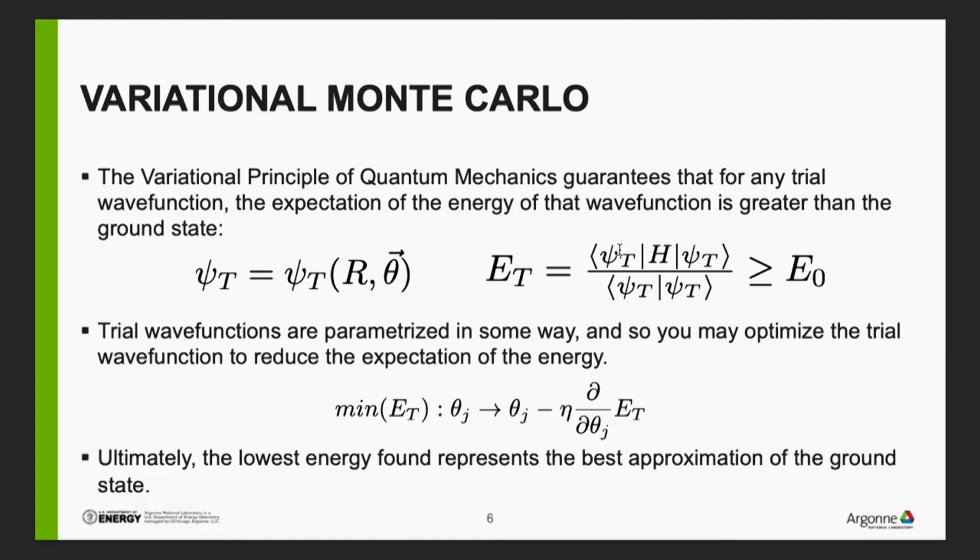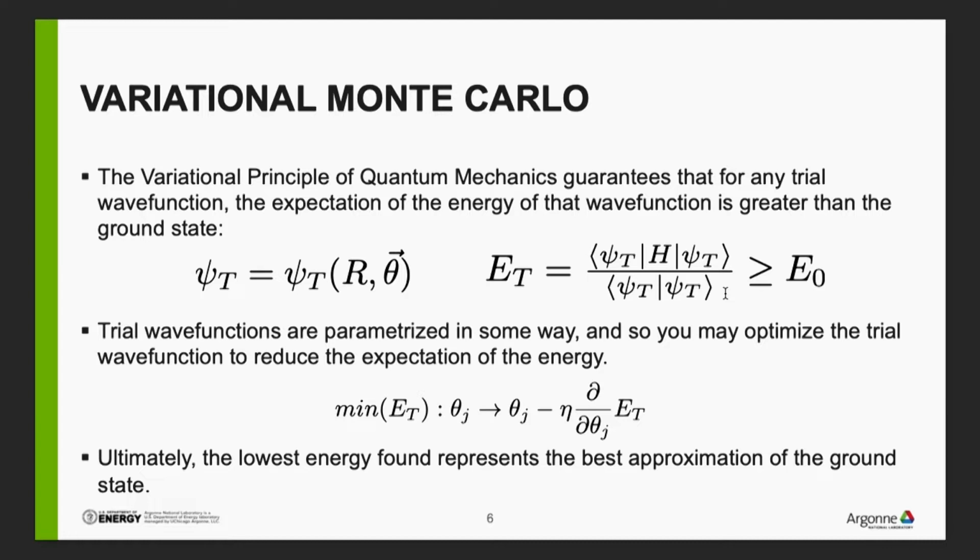It's basically a way to take that operator H, apply it to your function, normalize it with this denominator, which is just telling you what's the total strength of your trial function. And whatever value you get out, you can prove mathematically in quantum mechanics that it is higher than the ground state energy of the system. And the ground state energy of the system is the lowest state. So if you have a hydrogen atom, the electron's in its lowest orbital, that's the ground state. If it gets excited, gets bumped by something else, that's not the ground state.